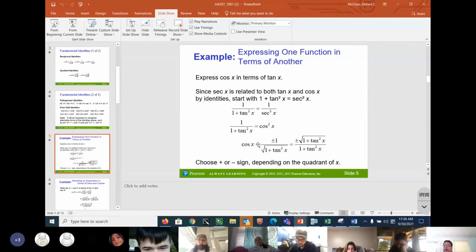Secant squared is equal to 1 plus tangent squared. So secant would be the square root of 1 plus tangent squared. And then you multiply both sides, rationalize the denominator, and you're going to get positive or negative square root of 1 plus the tangent squared over 1 plus tangent squared.